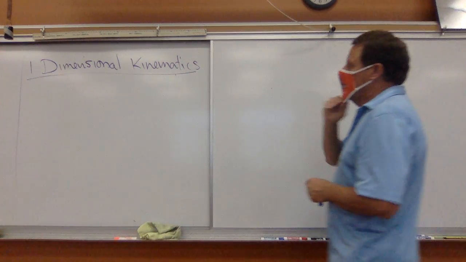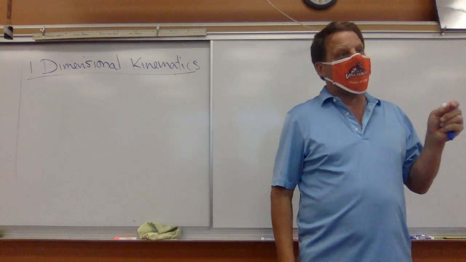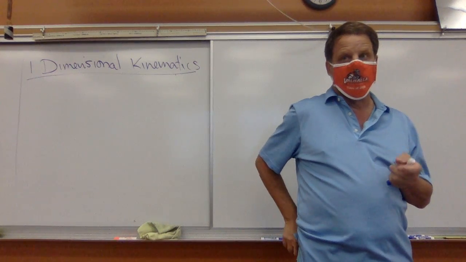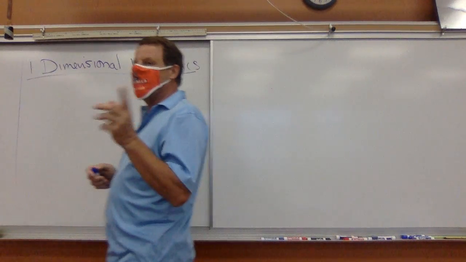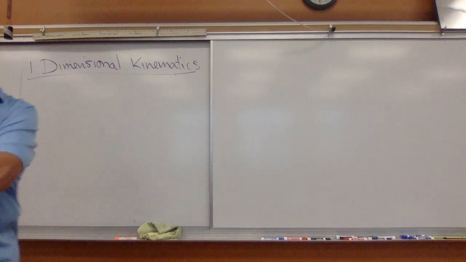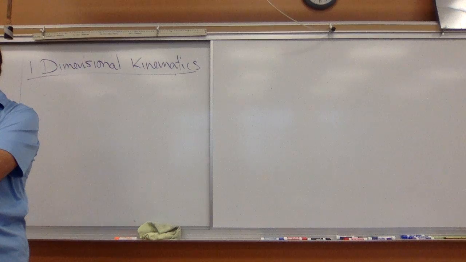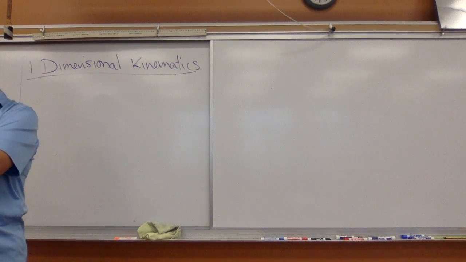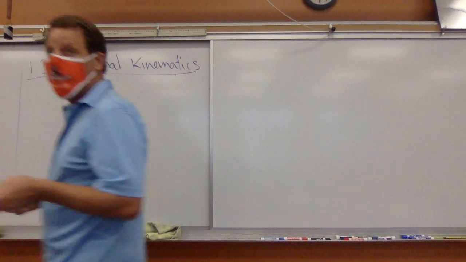All right, so our first lecture is going to be on one-dimensional kinematics. So what do you suppose, or do you know, what does kinetic mean? Movement. That, Tyler, is perfect. Kinetic, from kinesos, from the Greek, means movement.